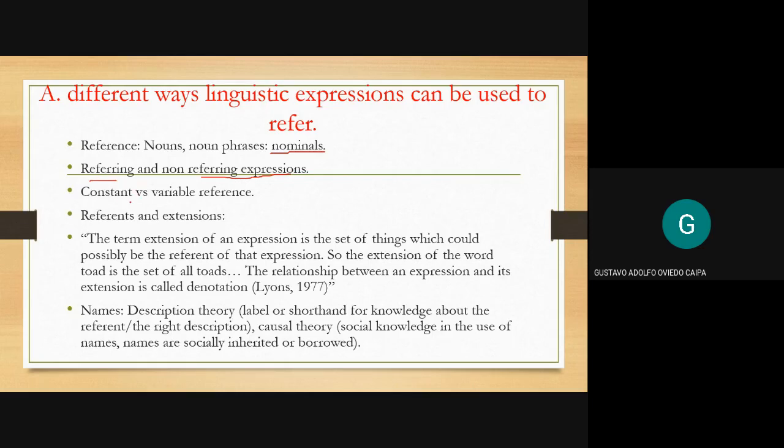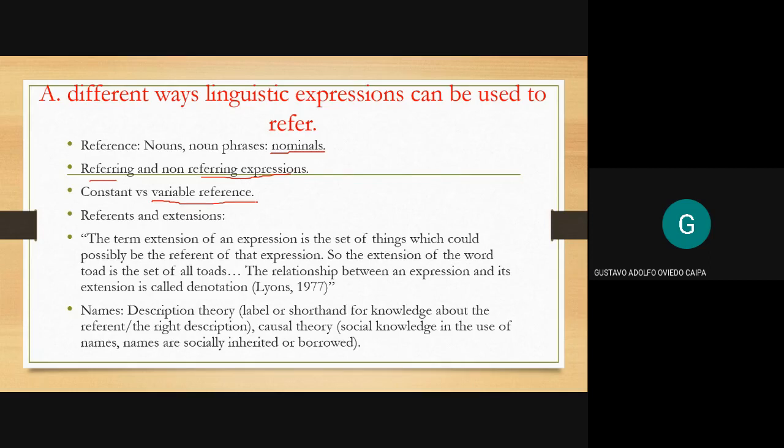We already talked about constant versus variable reference, so we're not going to stop there for too long. We say that reference can be variable most of the time. For example, when I say my hand, the expression my hand can change the referent depending on every person that speaks the expression.